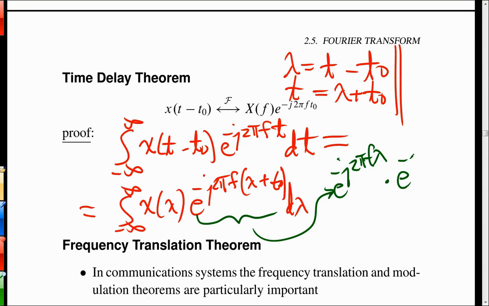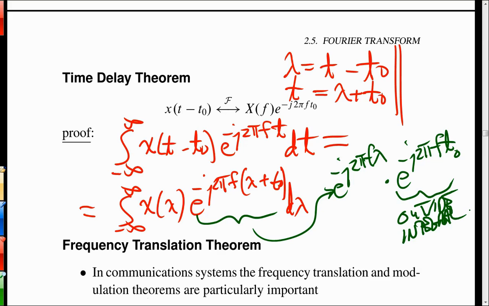Times e to the minus j 2 pi f t naught. That's outside the integral, right? Pull that outside the integral, and that way you know what you're left with in terms of lambda. You're going to be left with this guy here, and then that factor is what comes from the delay. I'm sure Dr. Trimboli went over this in the omega domain transforms.